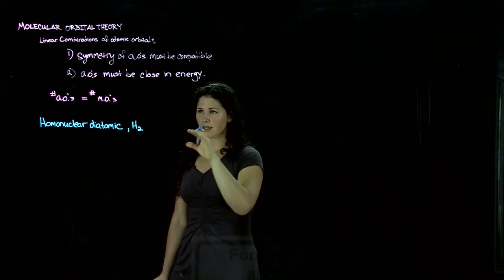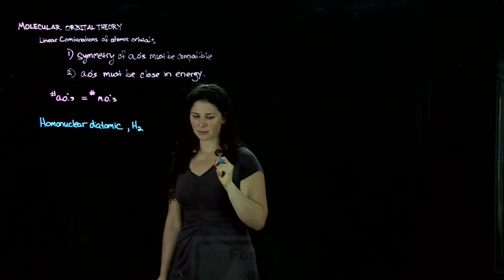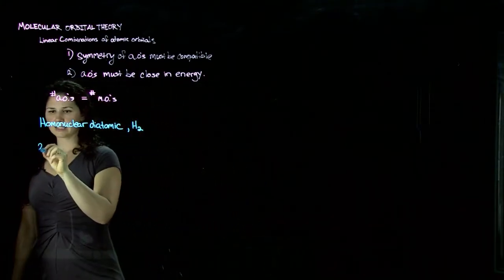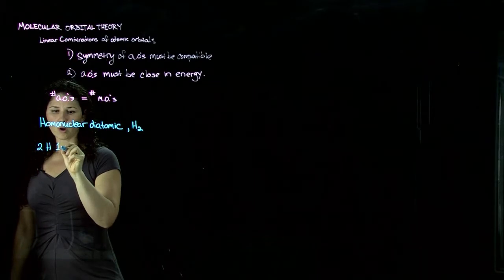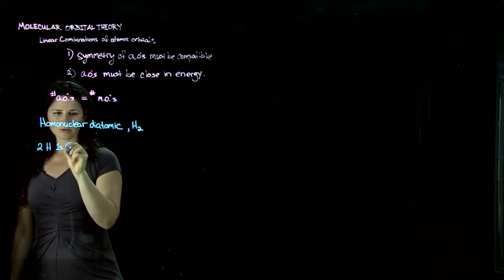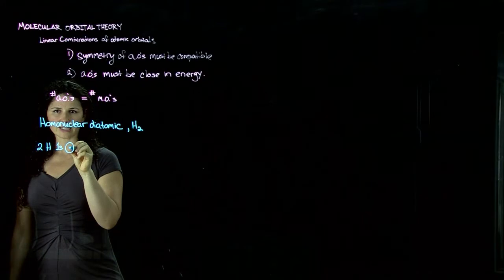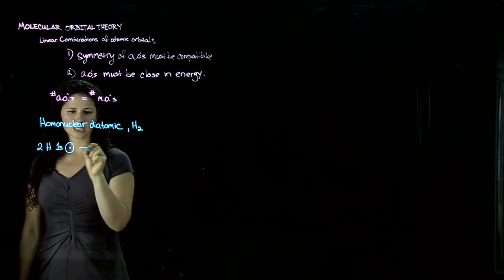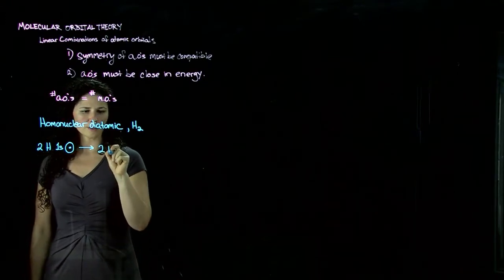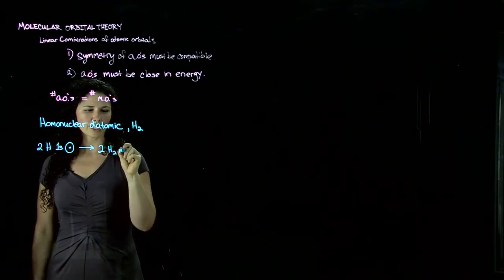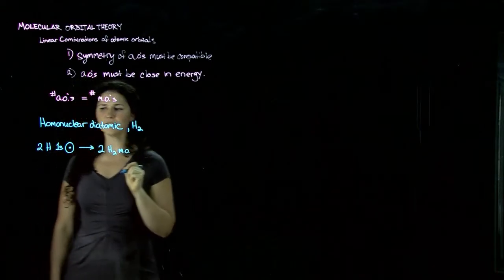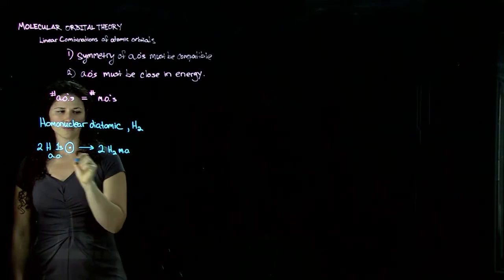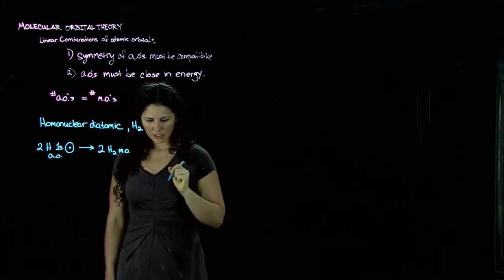So when you take two hydrogen atoms and combine them to make a molecular orbital, what you're doing is taking essentially two hydrogen 1s orbitals, where each of those hydrogen 1s orbitals, this is the nucleus and this is the electron cloud. You combine those to get two H2 molecular orbitals. And notice that I am abbreviating atomic orbital as AO and molecular orbital as MO.